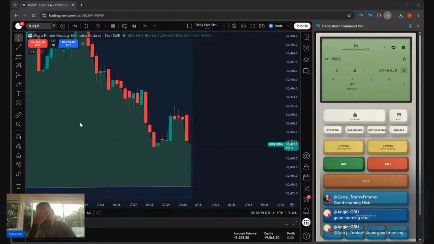At 7, we had US MBA mortgage applications down 3.8%, and the 30-year mortgage rate is at 6.6.